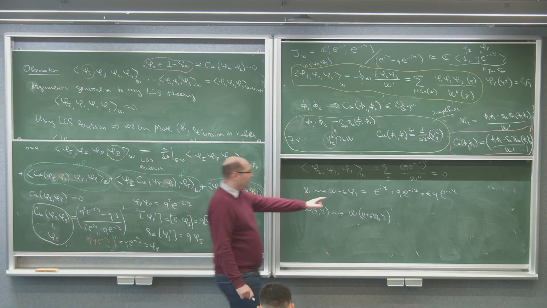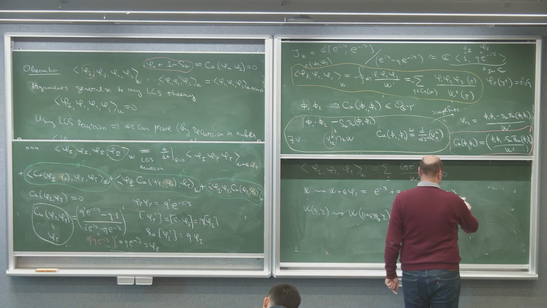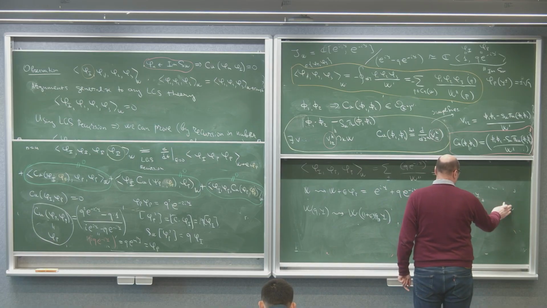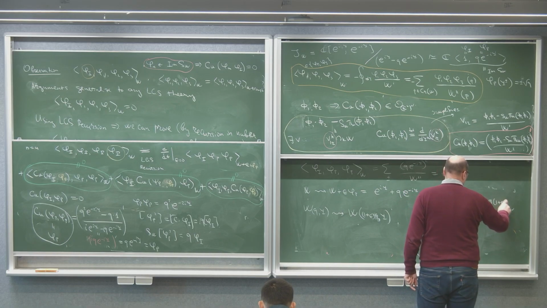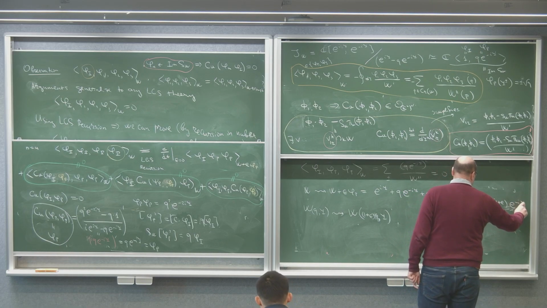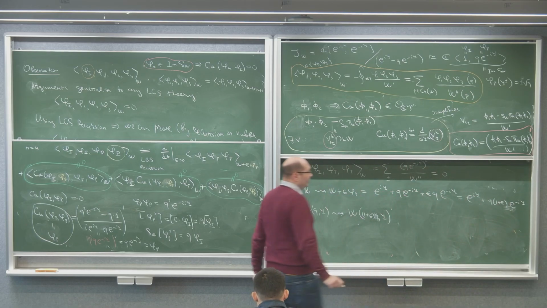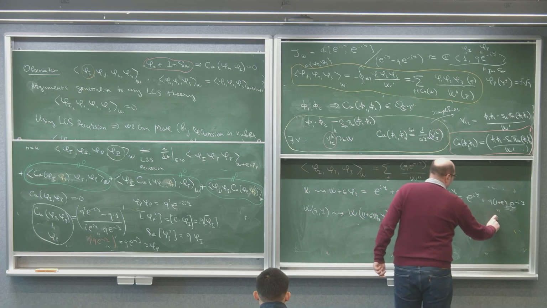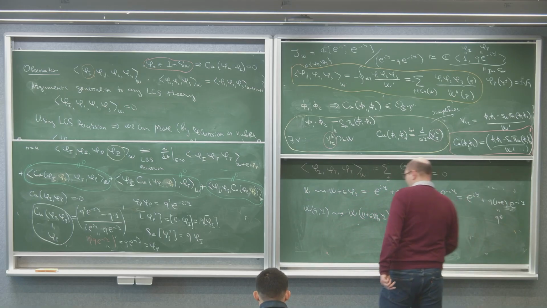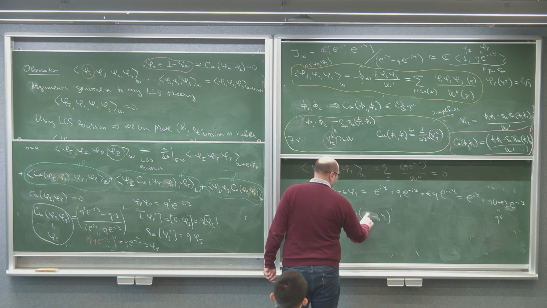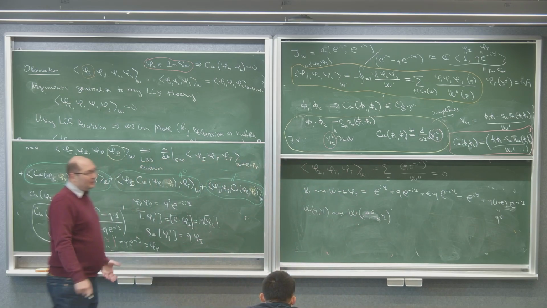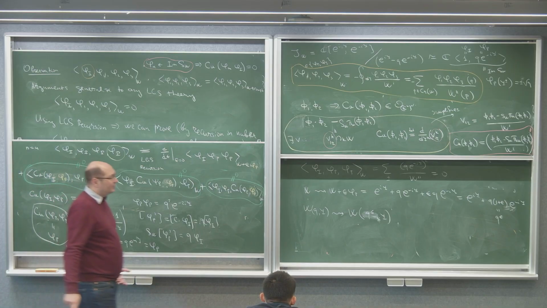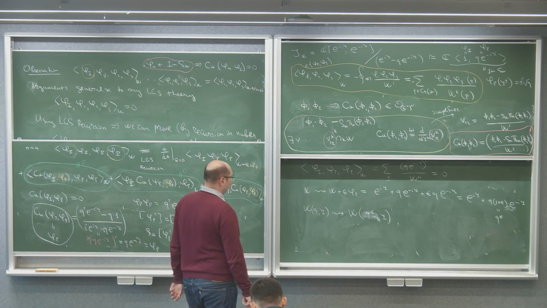So deformed by epsilon phi p is the same as a scaling of q. We can call this mu q epsilon. So it's a superpotential of the same shape, but with a deformed parameter. The parameter is rescaled by 1 plus epsilon.